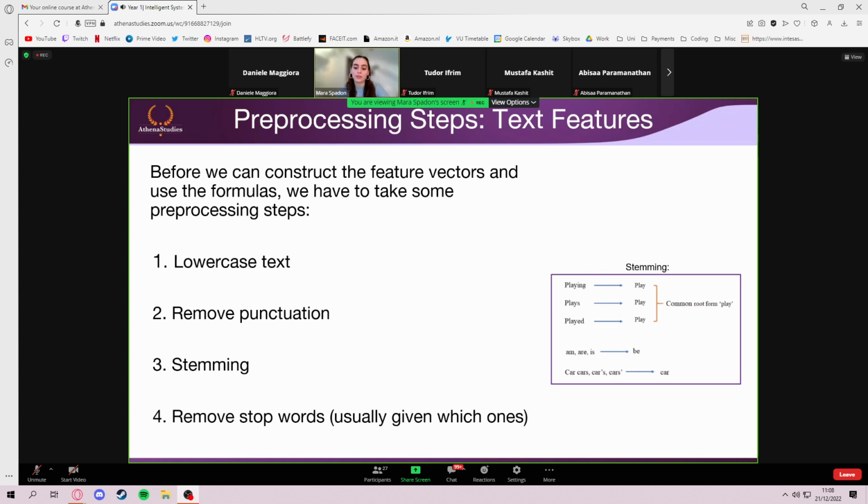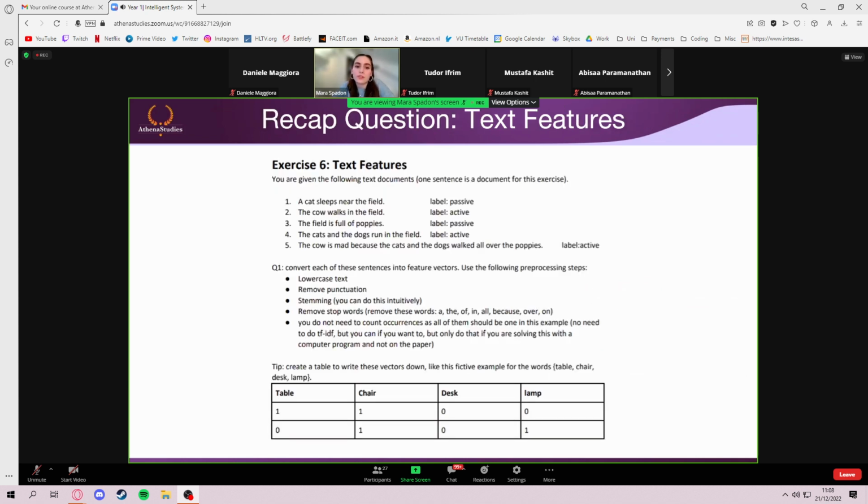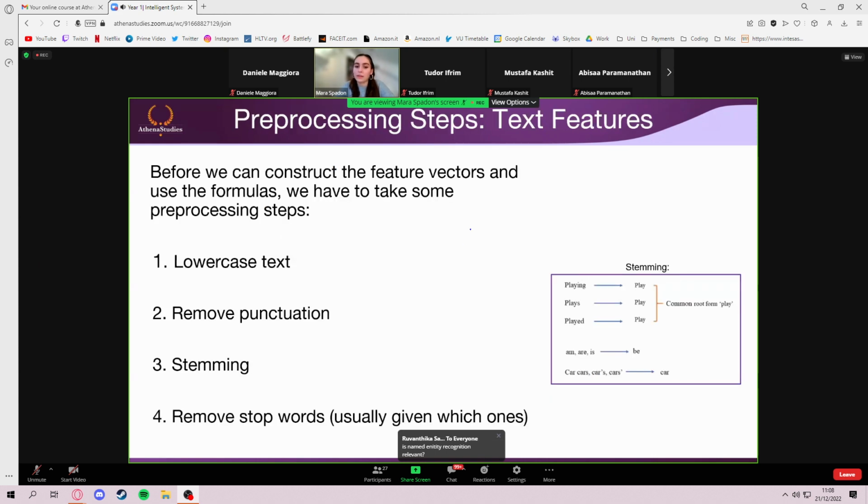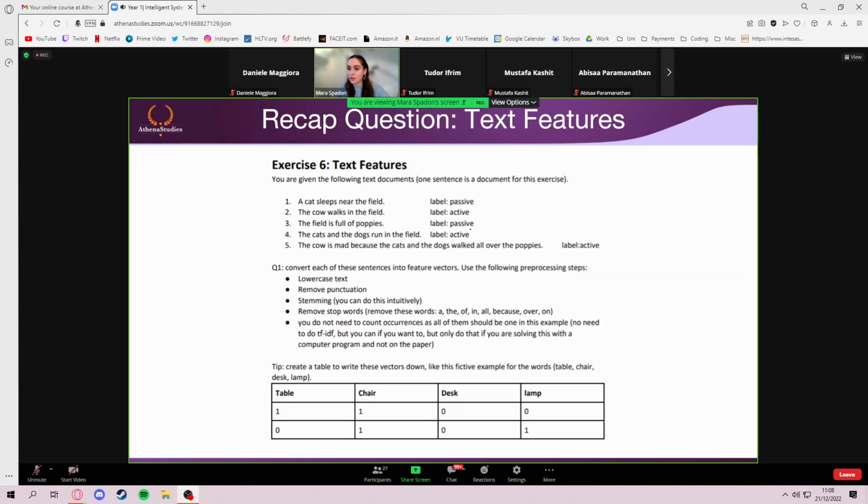Okay, so here for text features, as you can see, you get these 5 text documents. Is entity recognition relevant? I do not think so, no. I think these and these are the ones that we've seen in the work groups, so I feel like those are the most important ones. Count occurrences. Have you seen these in the lecture somewhere?